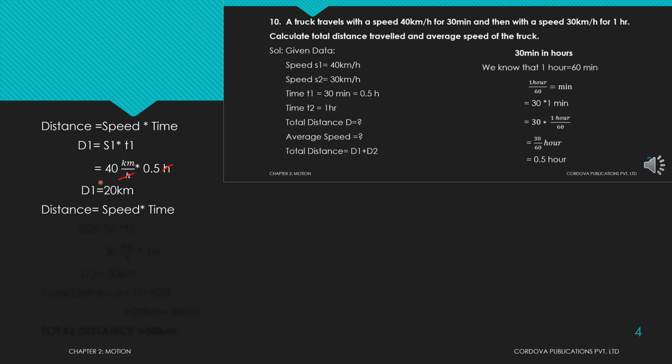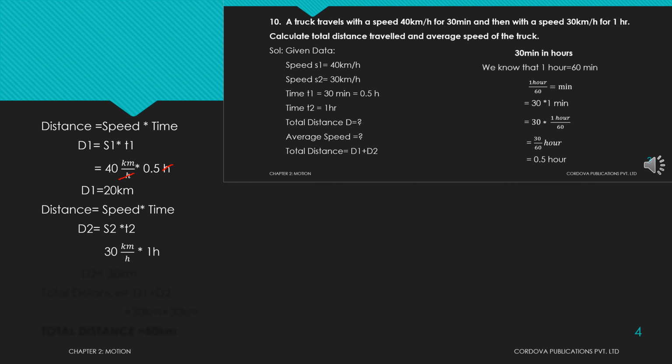Similarly, let's find D2. For D2, you have to multiply speed 2 with time 2, right? So what is S2? It is 30 kilometer per hour into 1 hour.